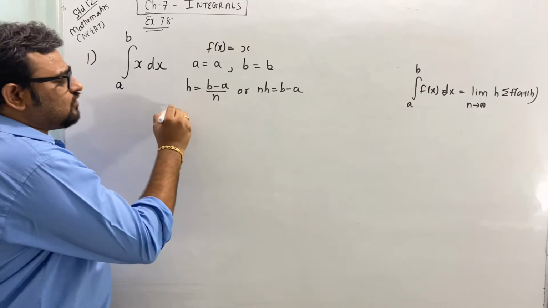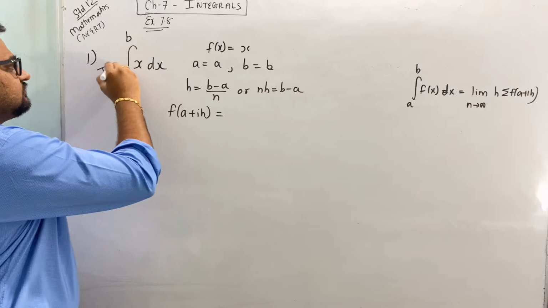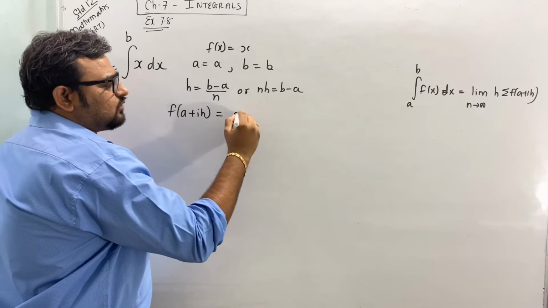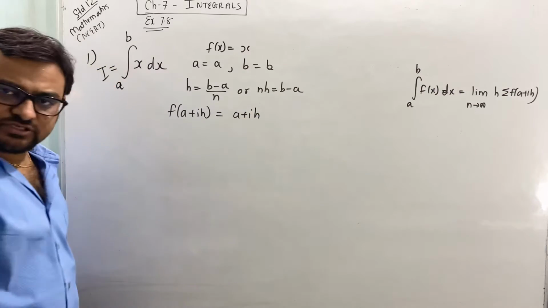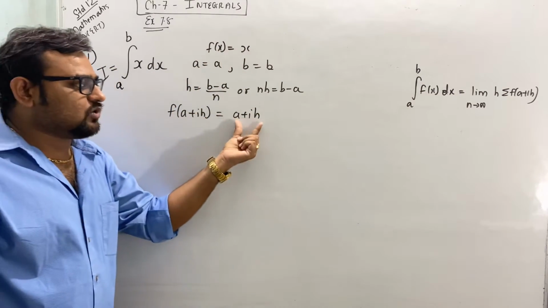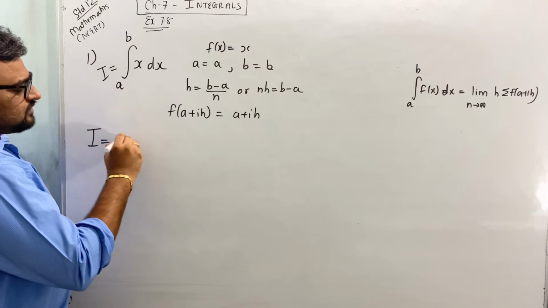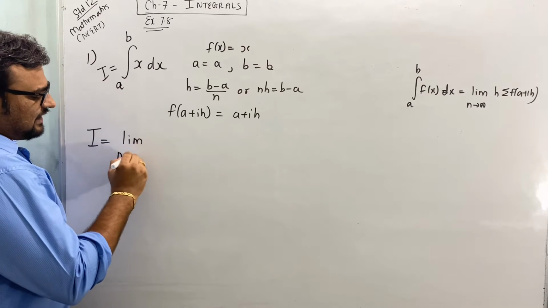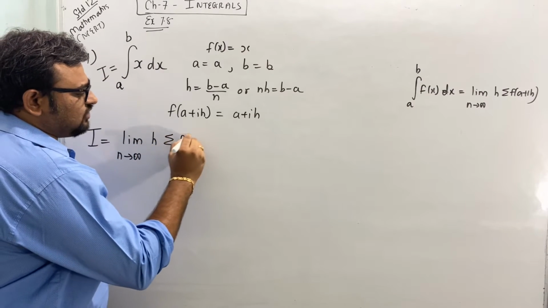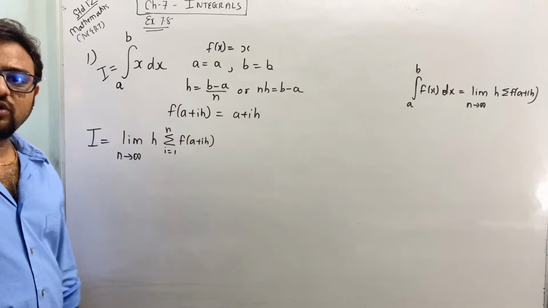Now what is f of a plus ih? f of x is equal to x, so f of a plus ih will be equal to a plus ih. So now what will be our integral? Limit n tends to infinity h summation of f of a plus ih, i equal to 1 to n.